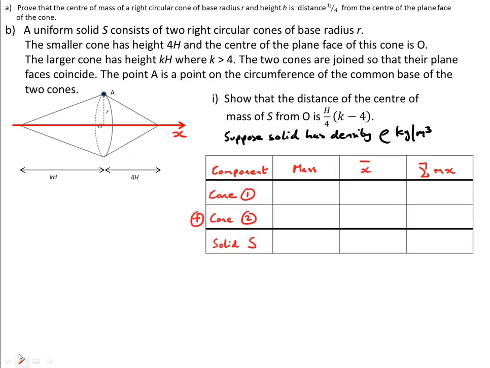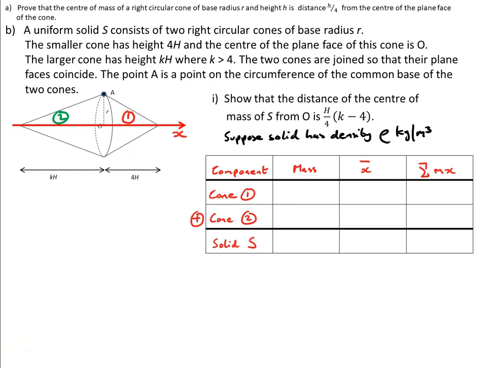And we can now set up our little table to try and work out the centre of mass for the combined solid S from our knowledge of the centre of mass of the first cone and the second cone.